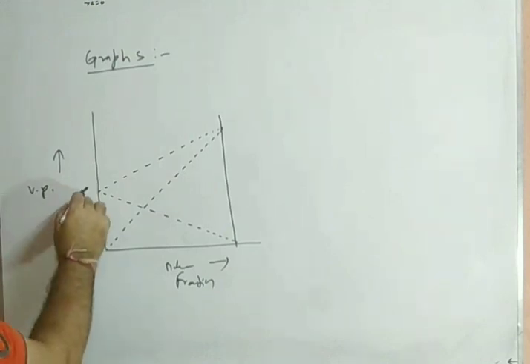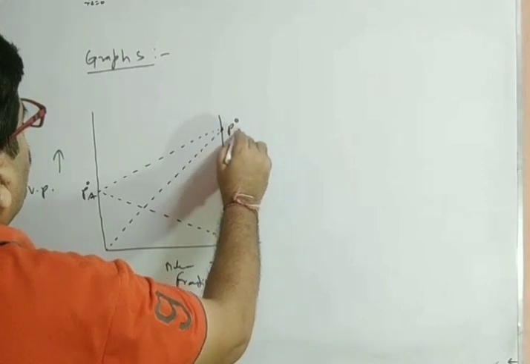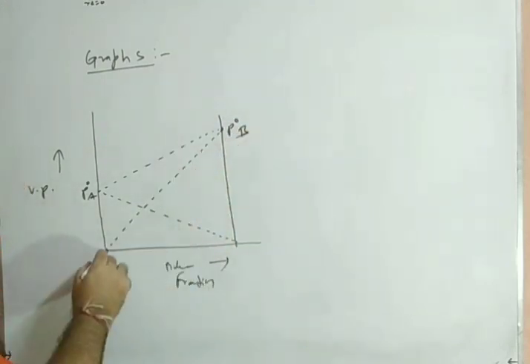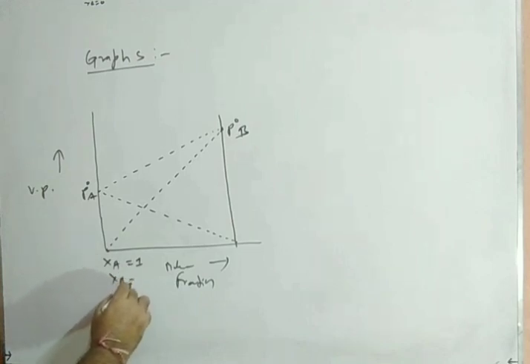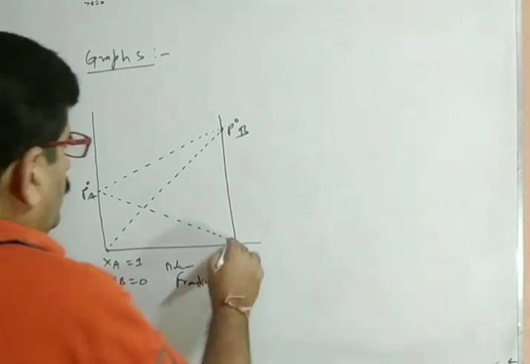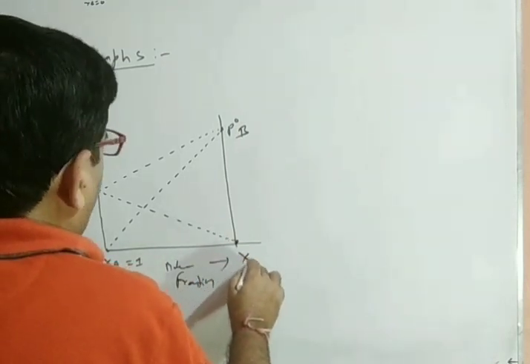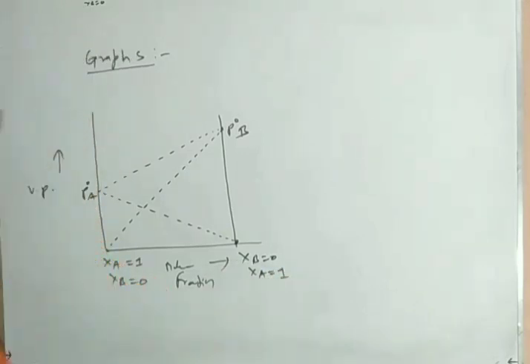Suppose this point is P naught A, and this one P naught B. Here XA is equal to 1 and XB is equal to 0. On the y-axis, the x coordinate is equal to 0. Here we write XB is equal to 0 and XA is equal to 1.